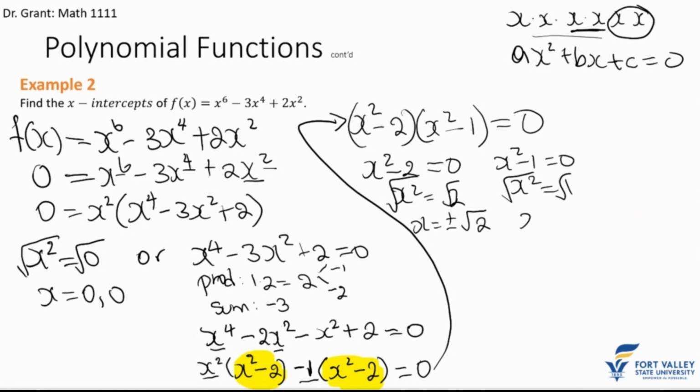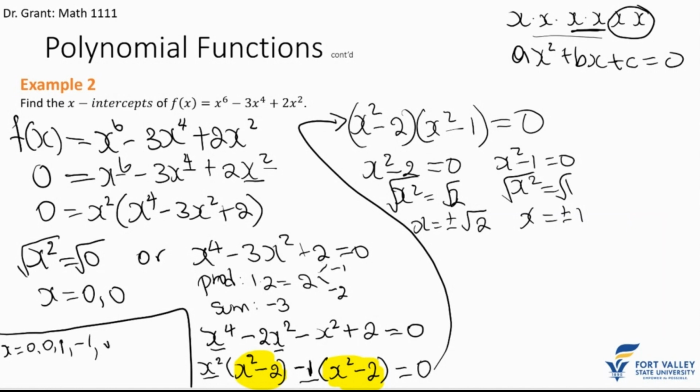Take the square root, x equals plus or minus 1. So then my solutions become 0, 0, 1, -1, and then square root of 2, negative square root of 2.